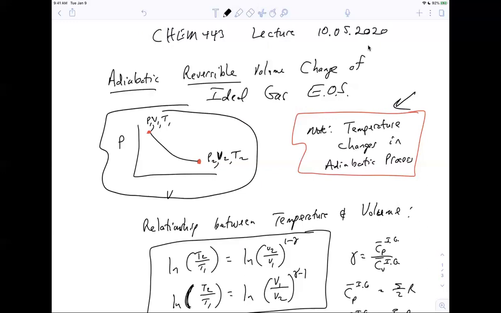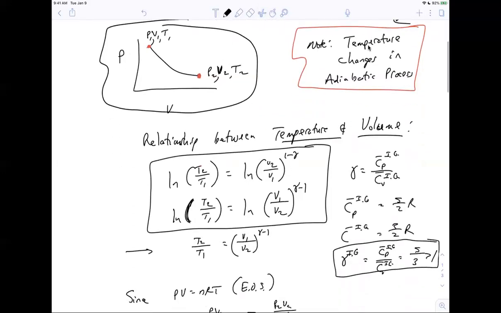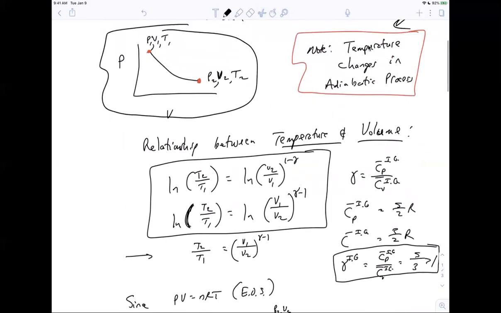Okay. And we did our first law analysis to arrive at the relationship between temperature and volume initially. Temperature and volume were the two variables that naturally fell out of the first law analysis.